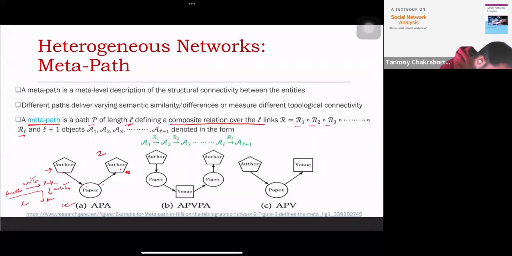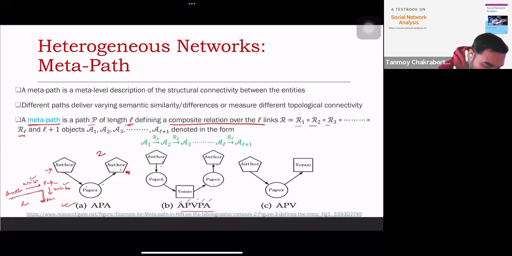So you see that this is a metapath which connects node types via different edge types. Clear? Similarly, this is another metapath: author, paper, venue, paper, author, that is, author to paper to venue to paper to author.